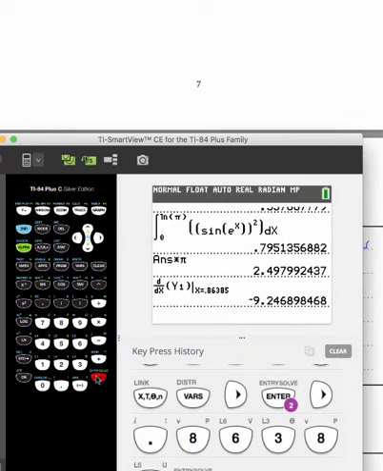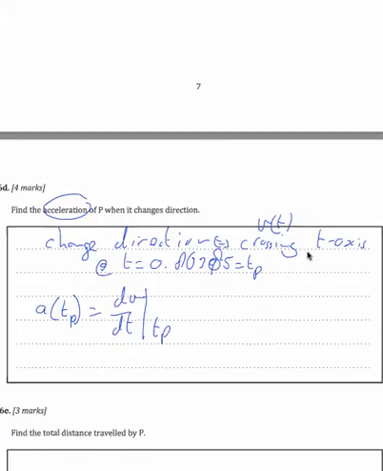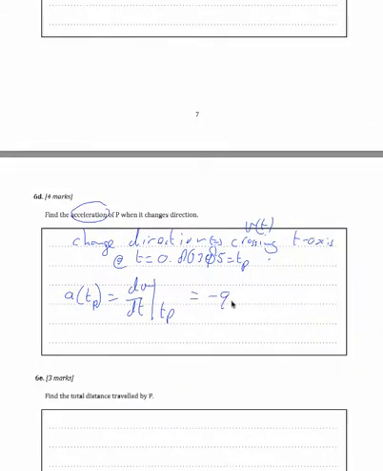Please calculate it. Minus 9.25. Acceleration is a vector, so I care very much about a minus sign. Equals minus 9.25 by GDC.